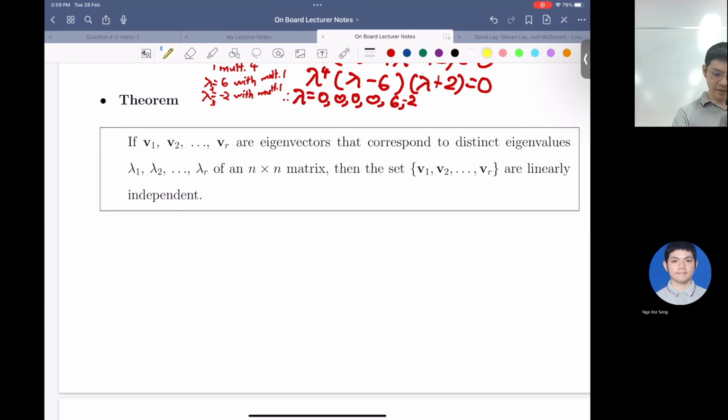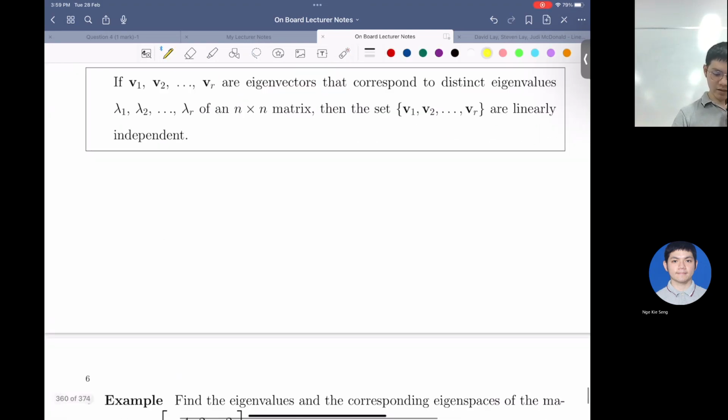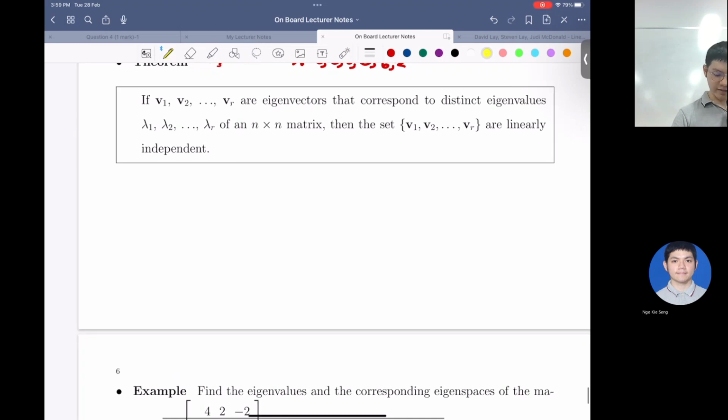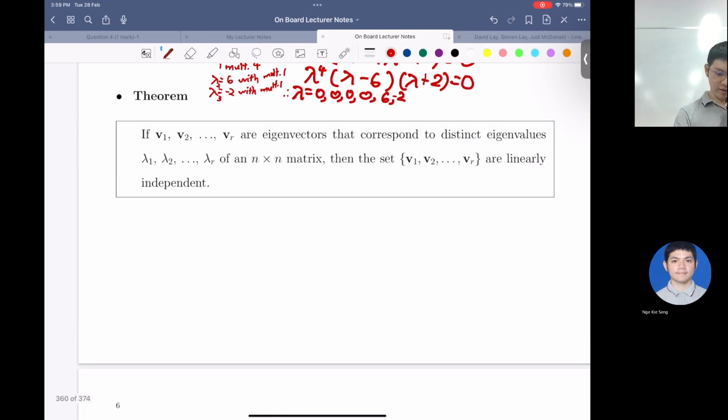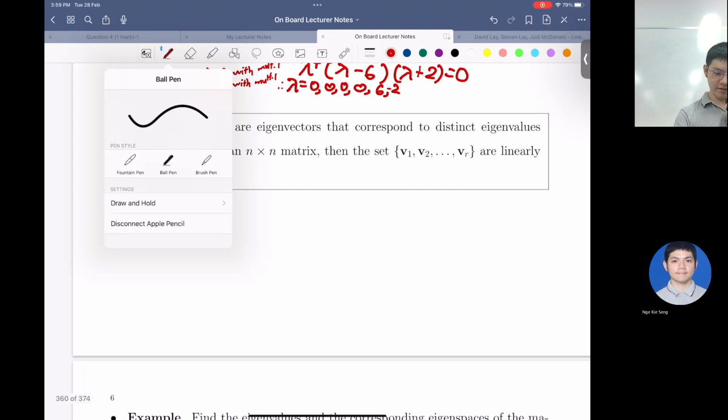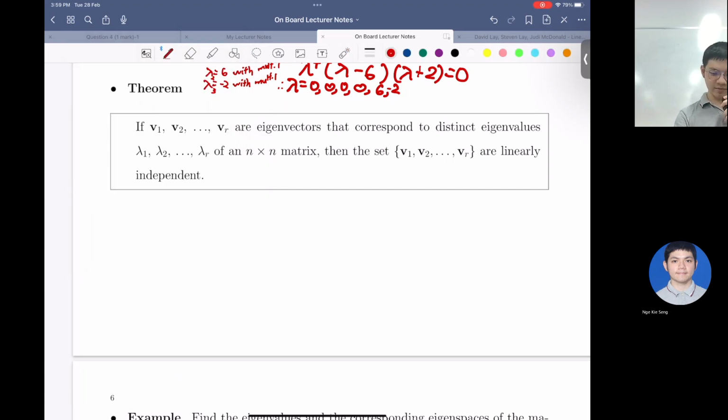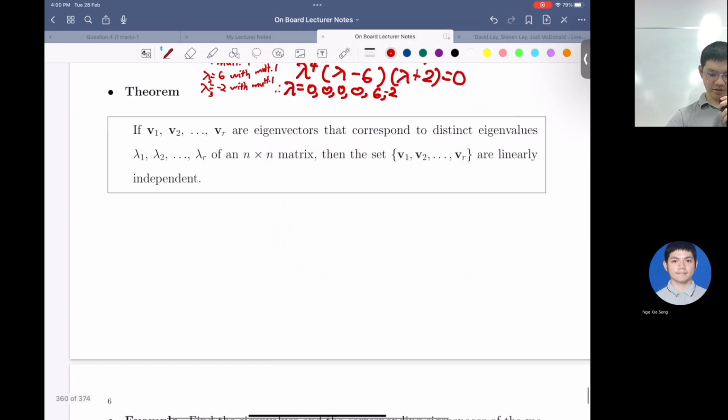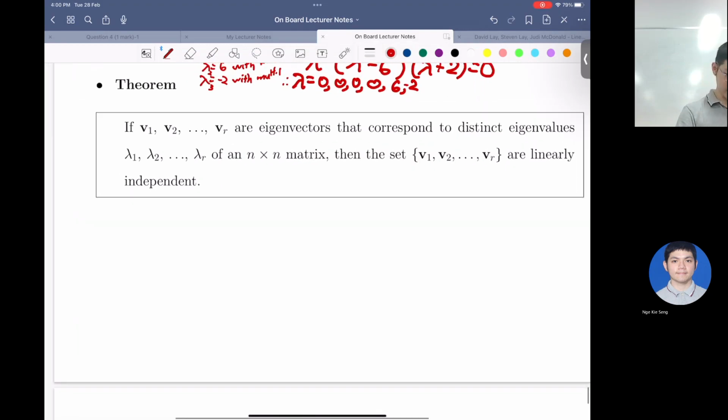So the usual trick is, maybe we use a 3-step challenge to finish the proof. So proof: they say it is linearly independent. I don't believe it, so suppose it is not.